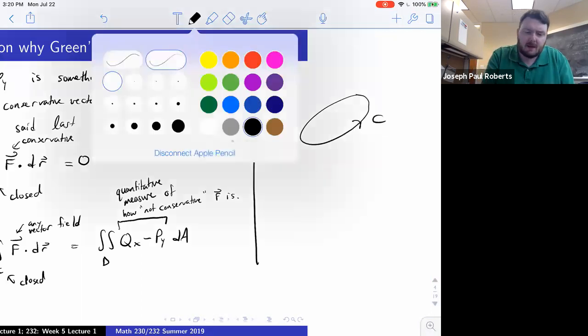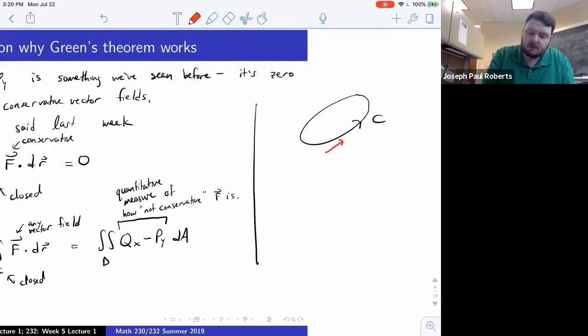And let's say I have my vector field. So how do I want to draw it? Let's say it looks like this, basically. So these red arrows are my vector field F.